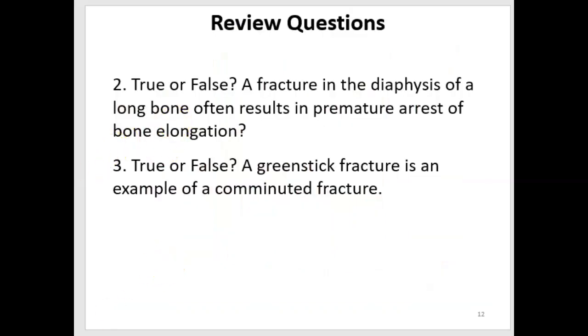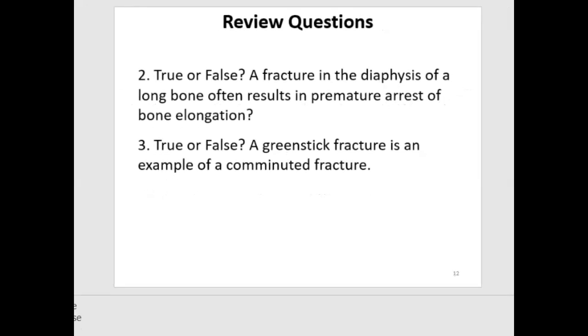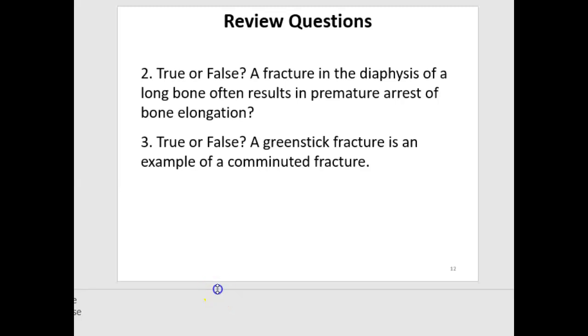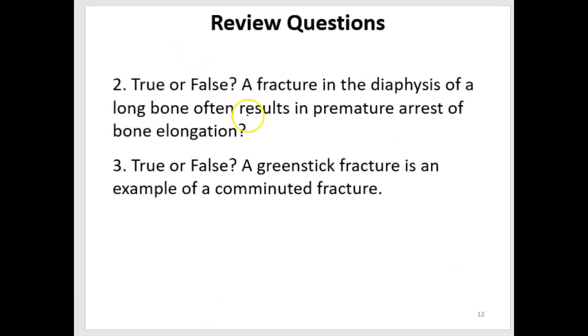Okay, let's do some review questions here. Do you think it's true or false here? A fracture in the diaphysis of a long bone often results in premature arrest of bone elongation, and I should have said in children.